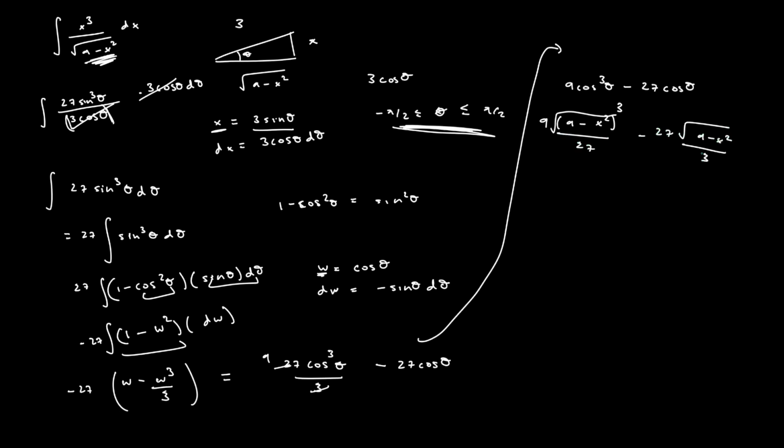So this becomes 9 minus x squared to the power of 3 over 2 divided by 3, minus 9 root 9 minus x squared, plus c. Okay, this was very messy. Plus c. So that's our answer.